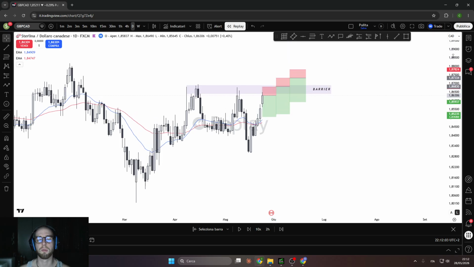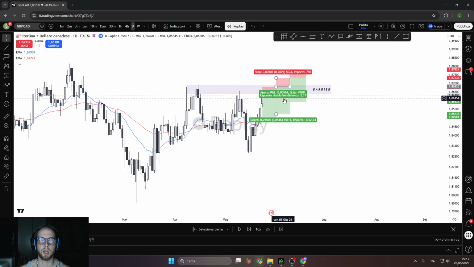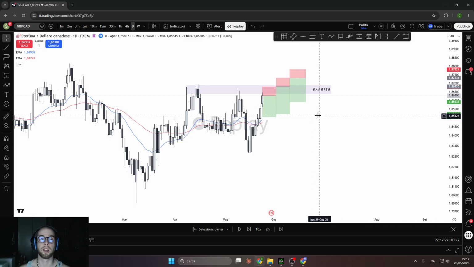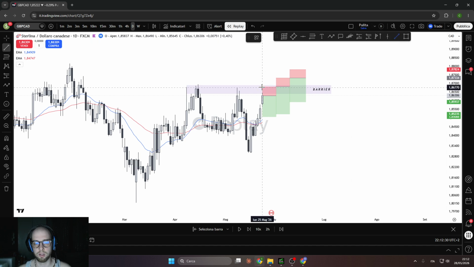So you want to be able to add while price is going against you. If you use a very small position size, your account is going to be fine. If you over leverage, if you use a way bigger position size for your account, you will blow the account eventually.